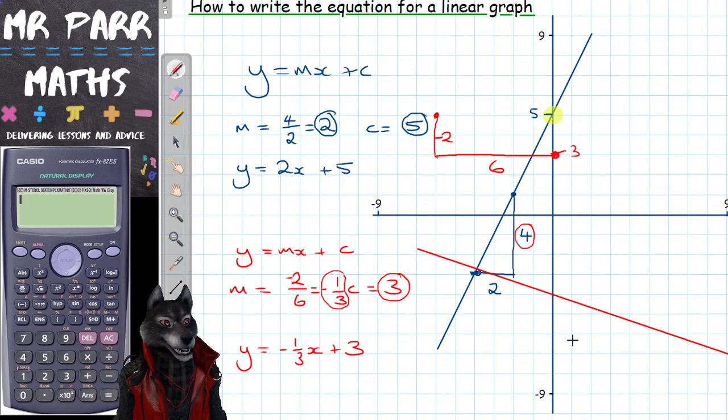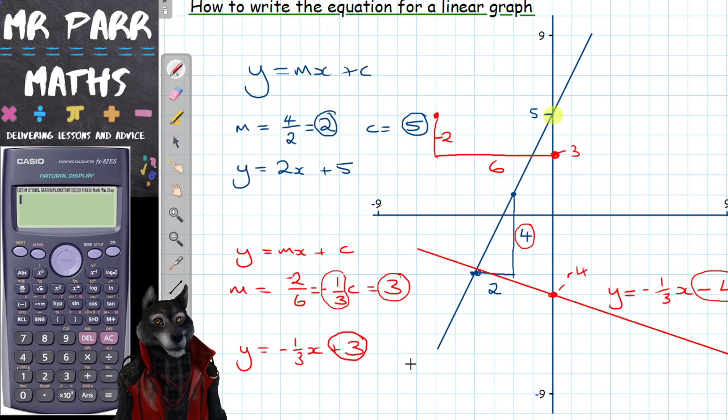All I've done is shifted the graph down. So it would still be y equals negative 1/3 x, but now it crosses at minus 4. I would put minus 4 here instead of plus 3.